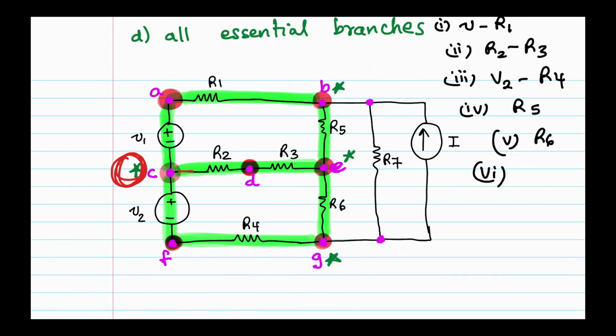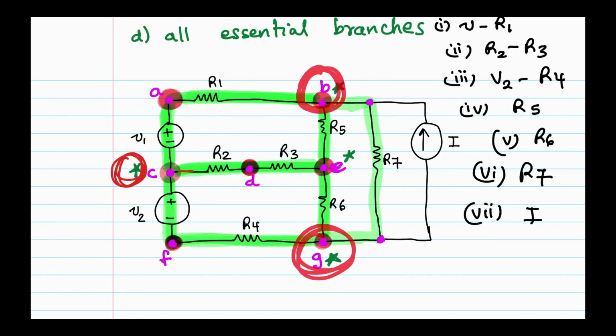Similarly, by the same logic, R7 is an essential branch because it is between B and G. And so is I. Both of these are between the essential node B and G, right?